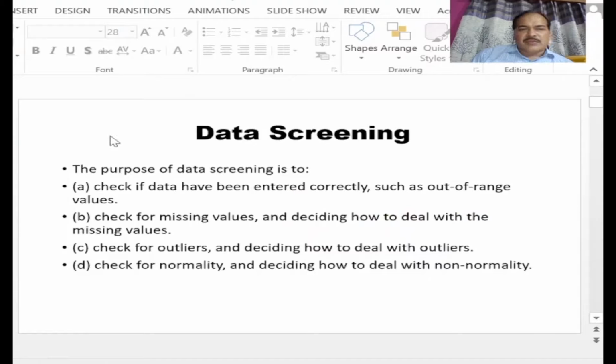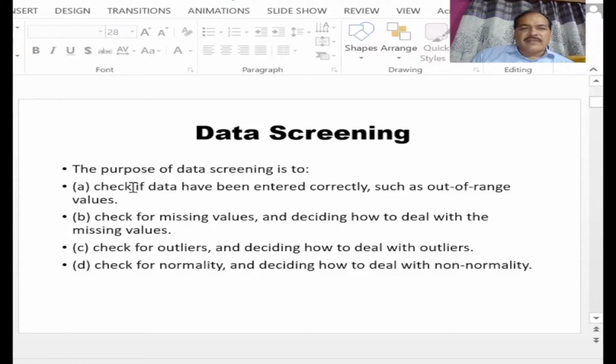The purpose of the data screening is, first, to identify whether the data has been entered correctly or not. It means that in many cases, in place of a particular number, we have entered a different number.